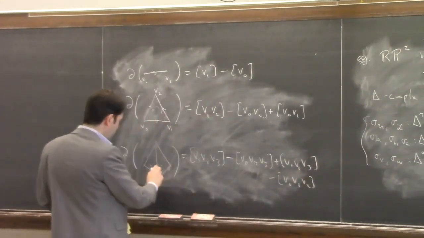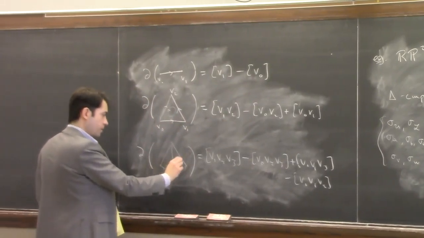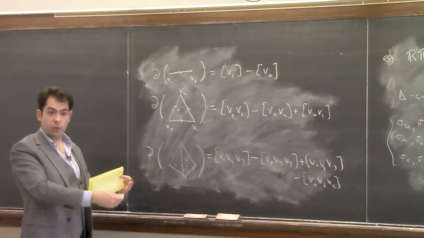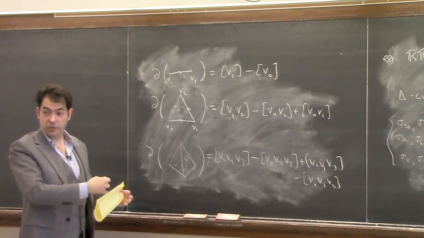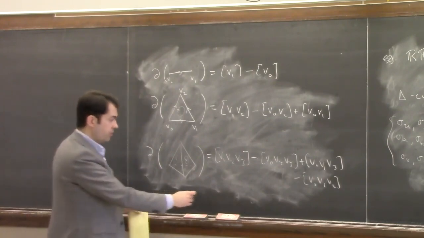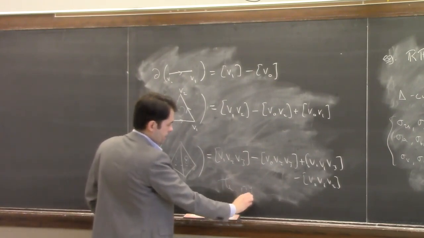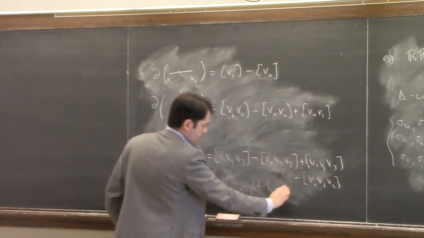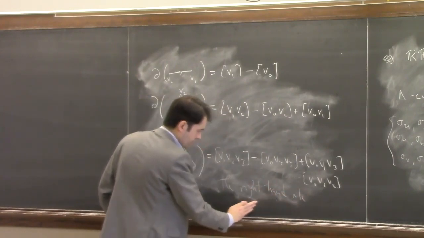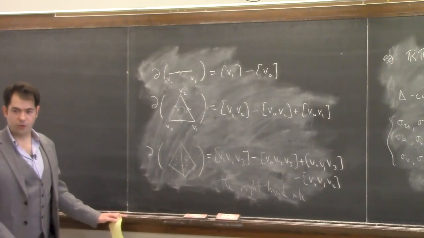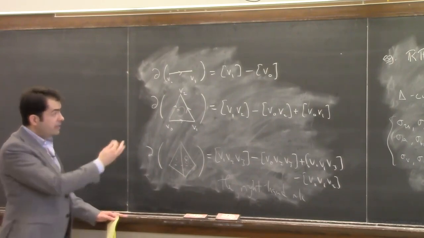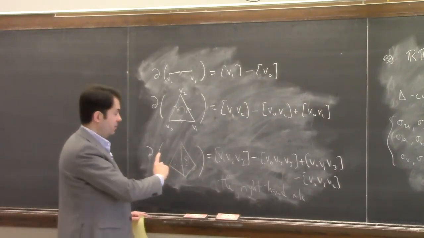So this corresponds to putting an orientation on each of these faces. And how do you know which one to do? Well, this is the right-hand rule, which we teach students in calculus.